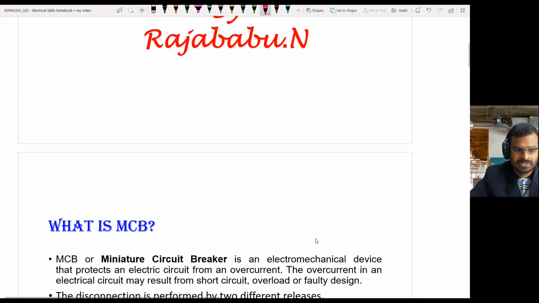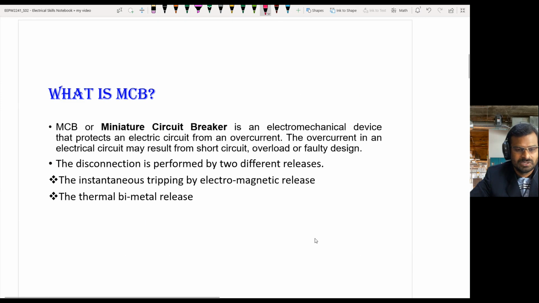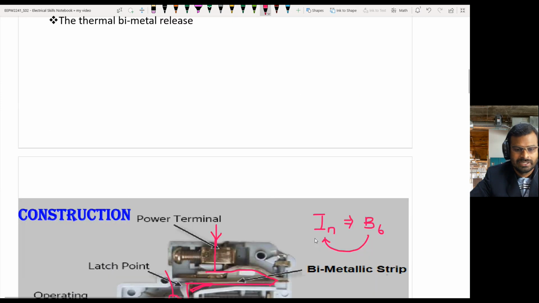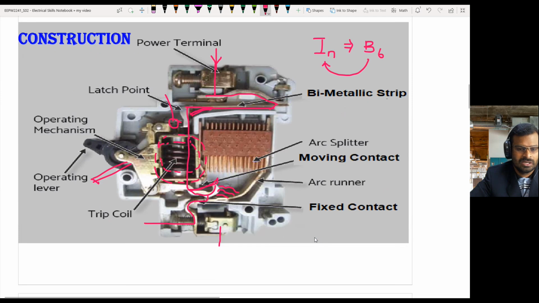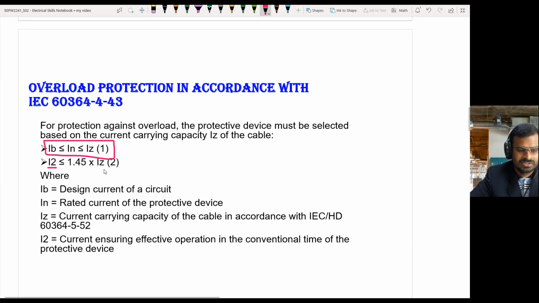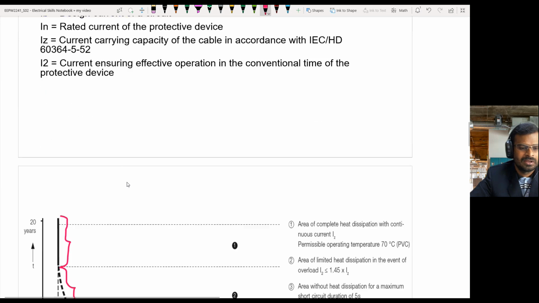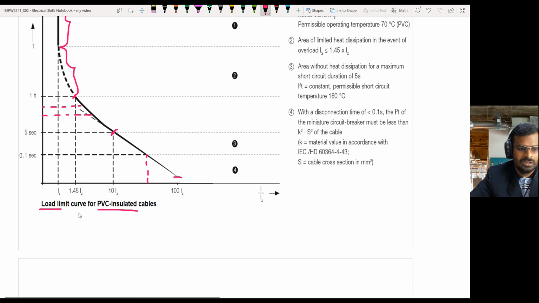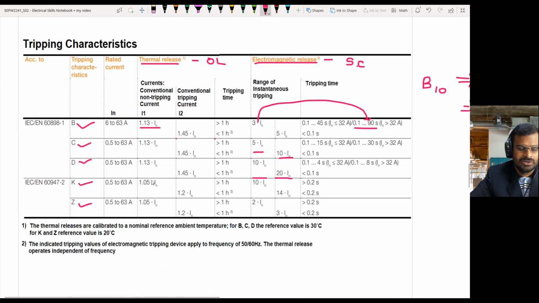parameters of these MCBs. So first we have seen what is an MCB, what the internal parts of an MCB are and how it functions, and we have seen some terminologies. We have seen the load limit curve for the PVC insulated cables and the lifespan of the cable with respect to the load currents, and we have also seen the tripping characteristics for different types of MCBs.